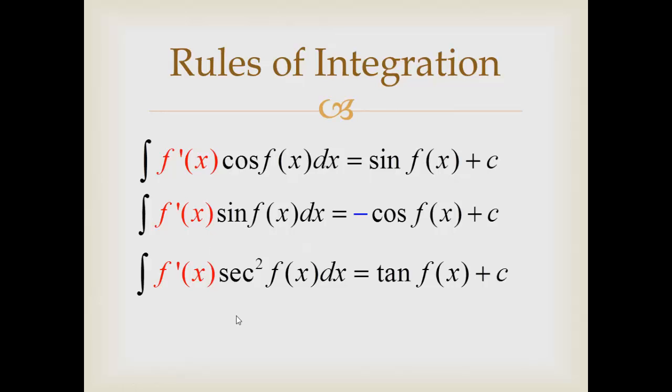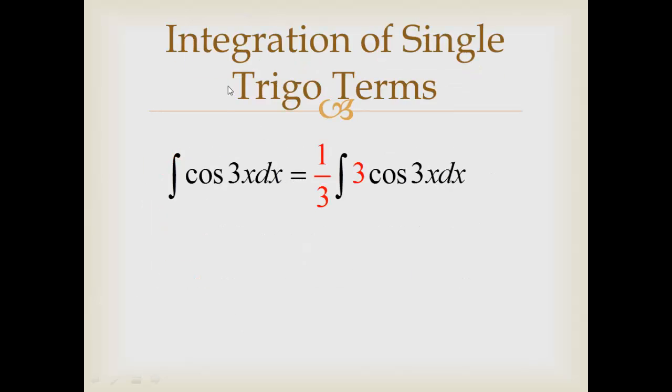Now, let's take a look at one example. Let's start with the integration of single trigo terms. If you're asked to integrate cosine 3x dx, what we do is, we must determine the function f(x), which is 3x here.